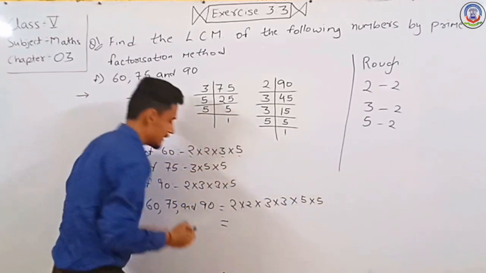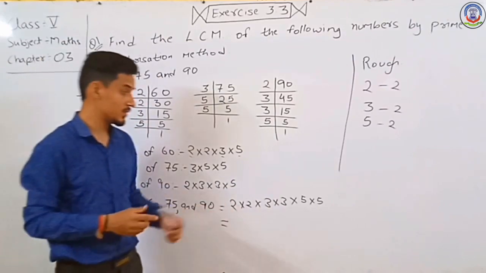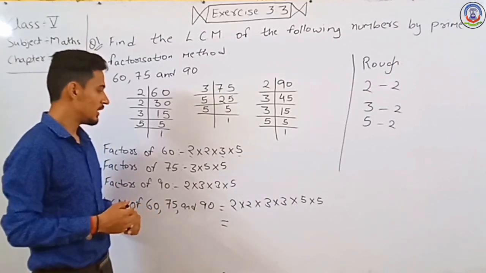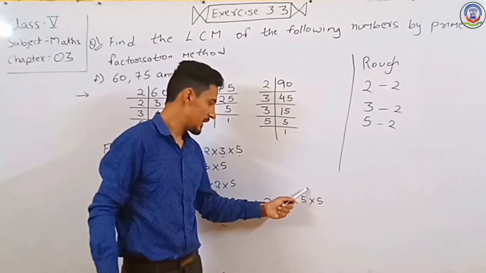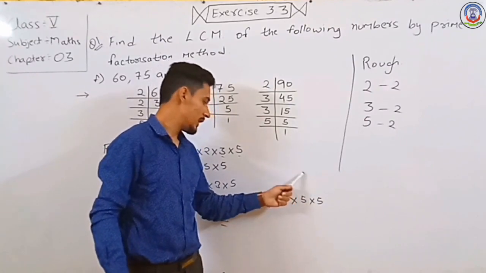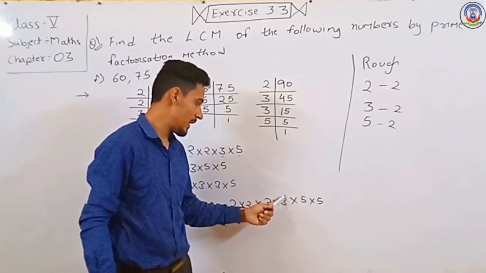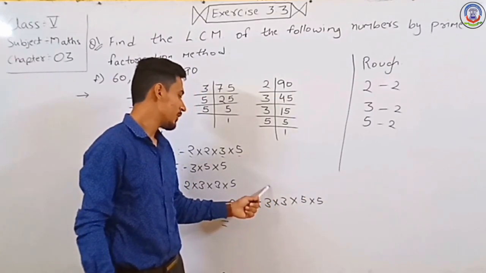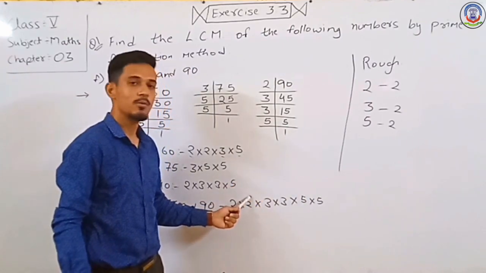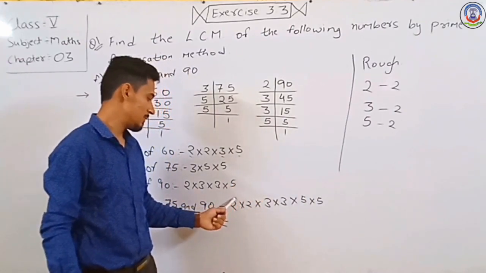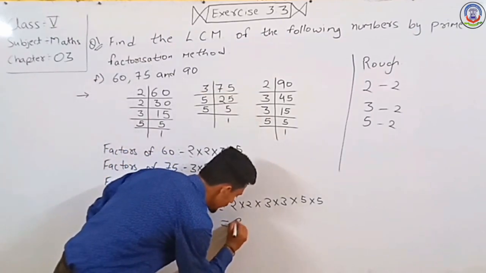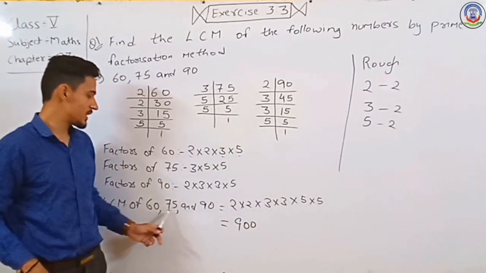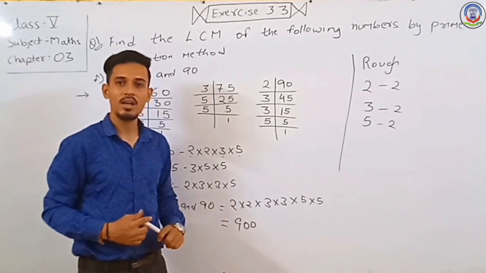Multiplication of these numbers is a little bit difficult, so we can multiply as we do. 5 multiply 5 is 25, 25 multiply 3 is 75, 75 multiply 3 is 225, 225 multiplied by 2 is 450, 450 multiplied by 2 is 900. So we write here 900. So our LCM of 60, 75 and 90 is 900.